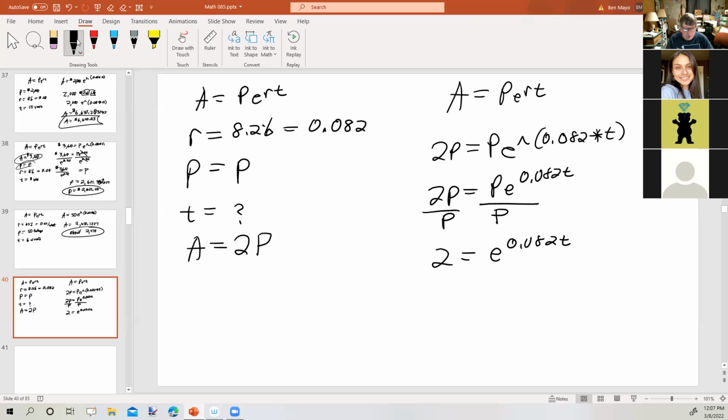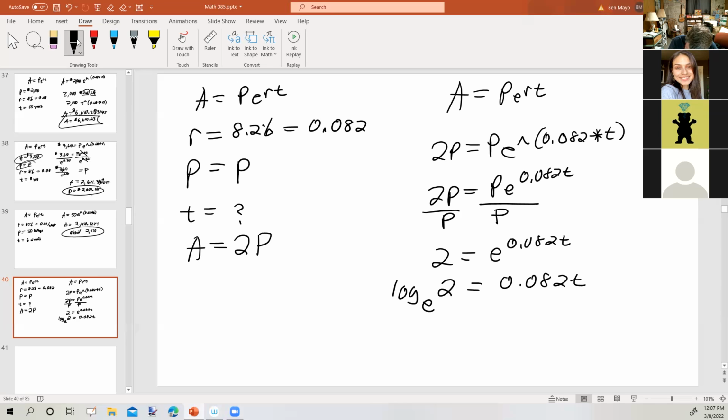By using logarithms. So this is going to be log base e of 2 equals 0.082 times t. Okay, so I switched it from exponential to logarithmic equation form there.